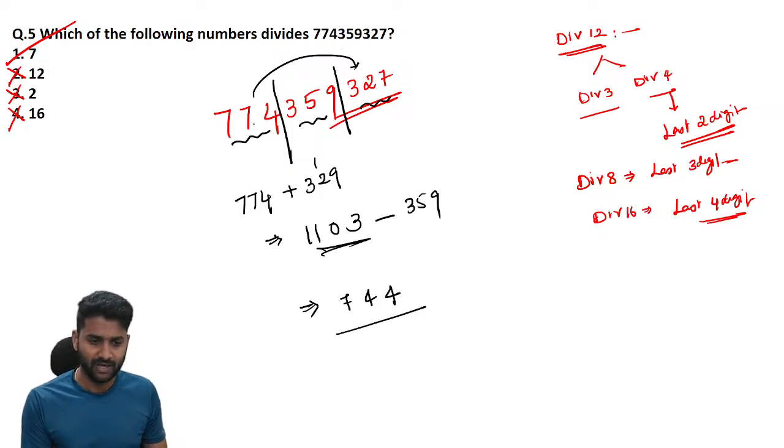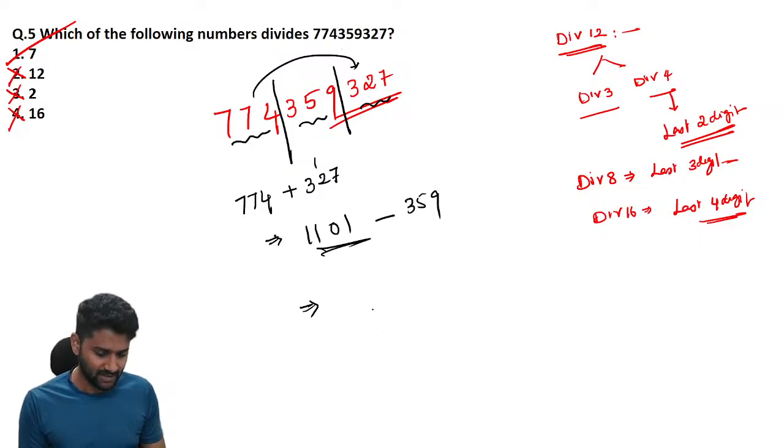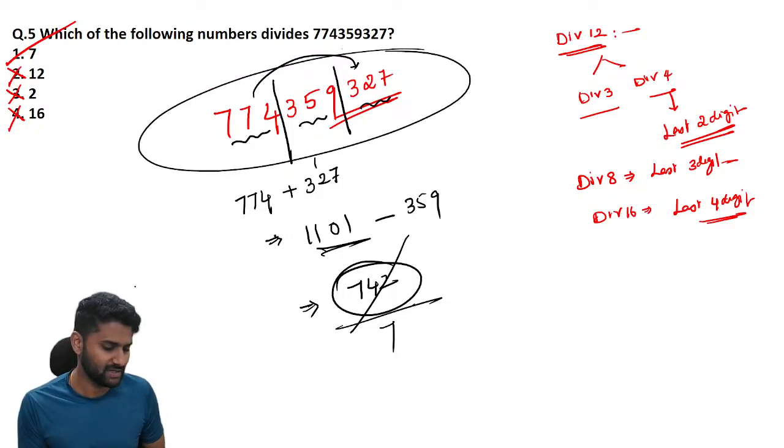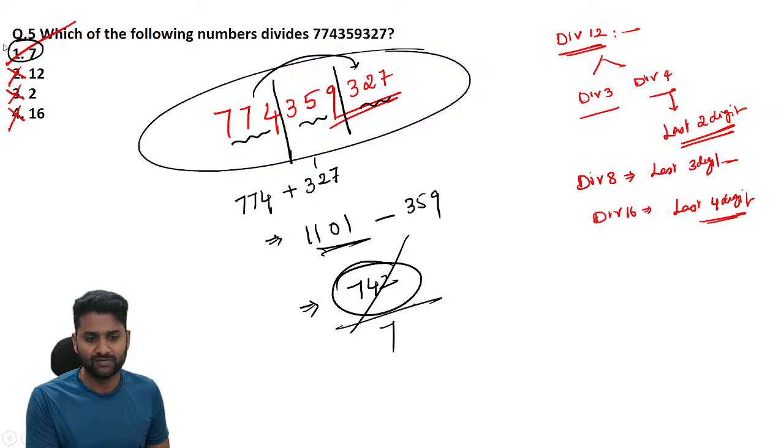Point number one, add the first number and the last number. The property I'm just explaining: if you add the numbers, then the result is 1101, sorry, this is 327, right? So 1101. I made a mistake here. Then again, whatever the central number is, that has to be subtracted, it's 742. Now, whatever the result, if it is divisible by 7, then the entire number is also divisible by 7. That's why, for which of the following numbers divided by this number, the answer is 7.